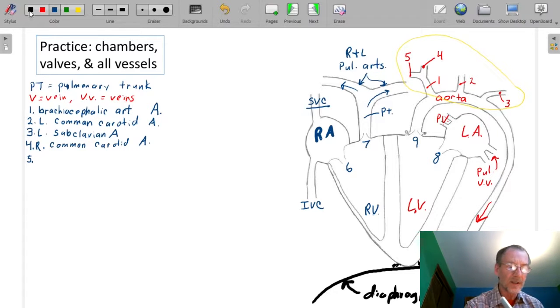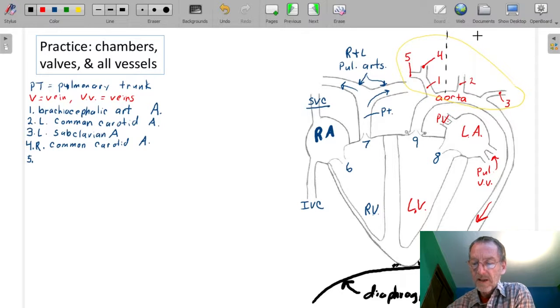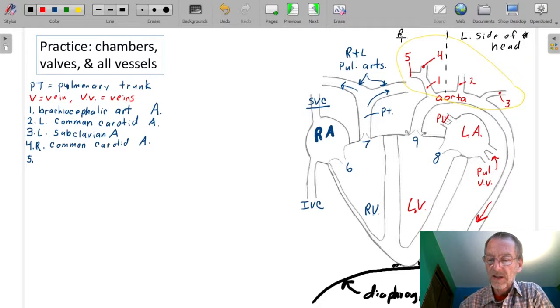So what we have going here is 1 and 2 are delivering blood to the head. So this is sort of a midline, if you will. And this would be left side of head. And this would be the right side of head.